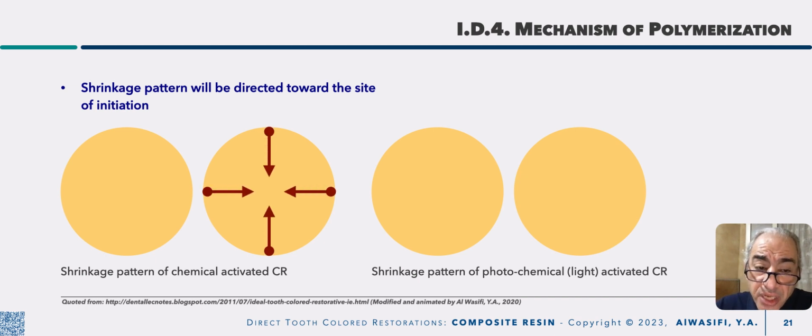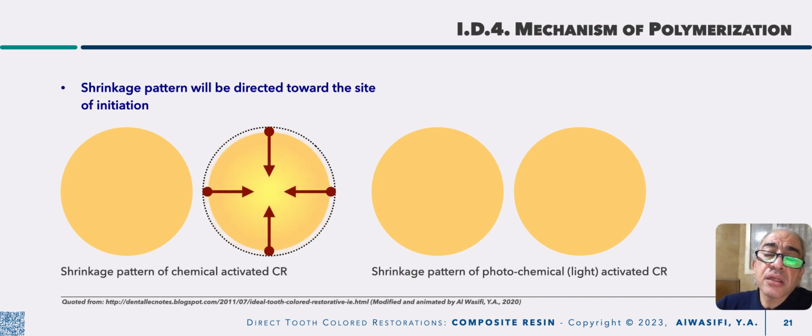That's why it shrinks towards the center, and this is considered a positive advantage and a negative disadvantage at the same time. A positive advantage when you use it as a core for post teeth: it will shrink towards the post, anchoring more to the post, and this is a favorable indication.